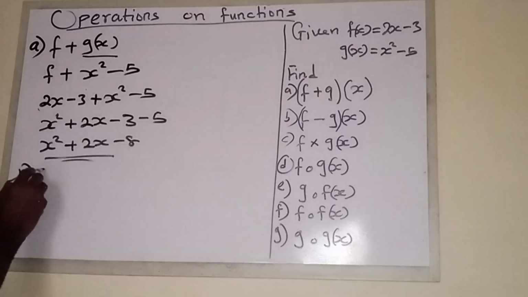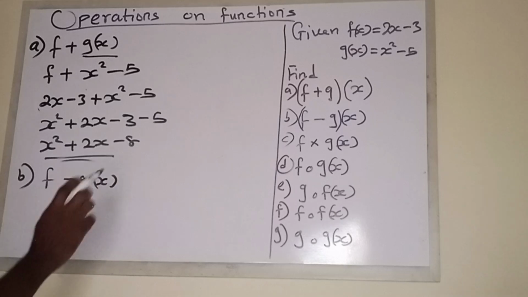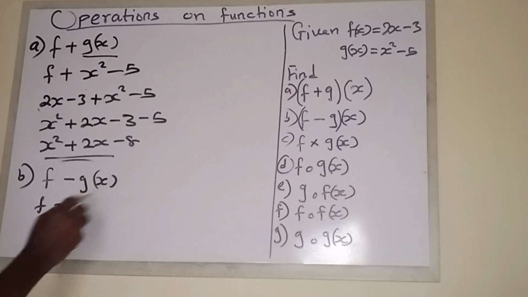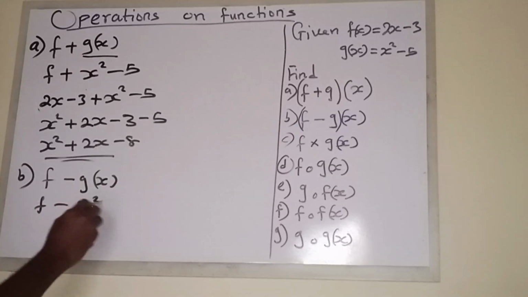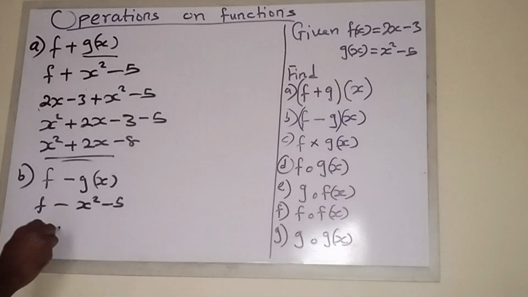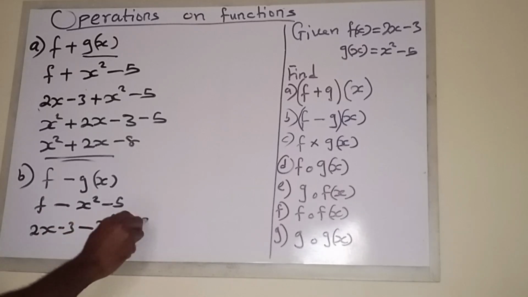We have the function f minus g of x. The same thing happens here. Our g of x is x squared minus 5, and our function f is 2x minus 3. Then we have this minus here, minus x squared minus 5.